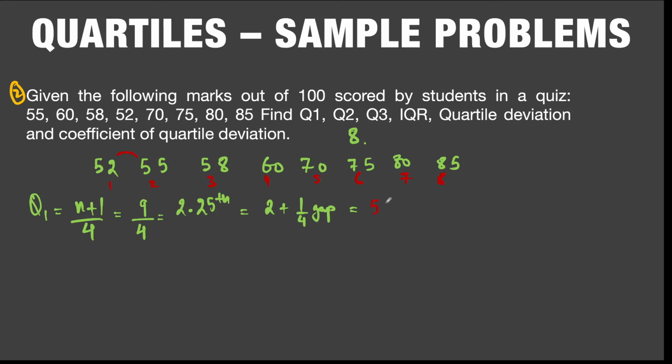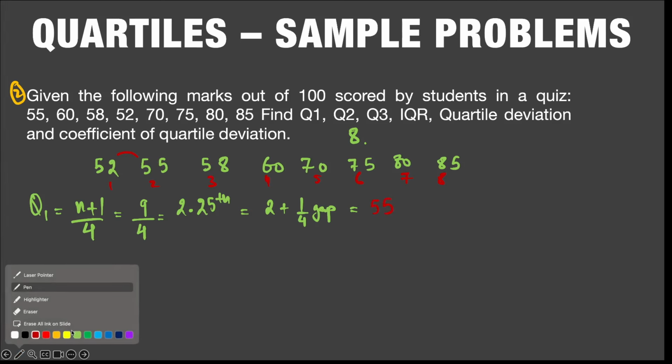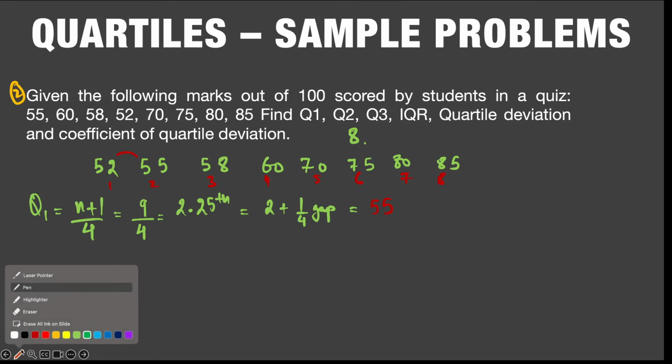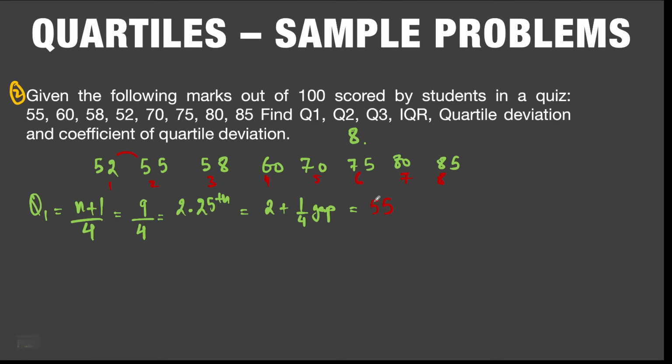So I would write the second term here, 55, plus 1/4 of the gap. The gap between 55 and 58 is nothing but 3, so it would become 0.75. My answer is 55.75, and this is equal to Q1. We've achieved Q1. Now we'll move to Q2.